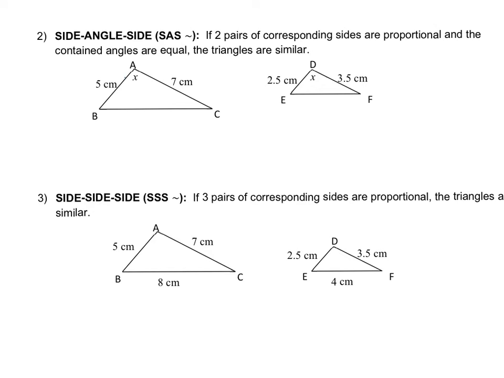I'm noticing that in the first triangle, I have angle A being marked as X, as is angle D. So we've got 1 pair of angles that are equal, and it's contained between 2 sides. And when I compare my side lengths, I want to go smallest to smallest and then biggest to biggest. And then if I had a third side like I do in the next example, I would go middle to middle. So I want to compare those ratios. So let's try 5 compared to the 2.5.